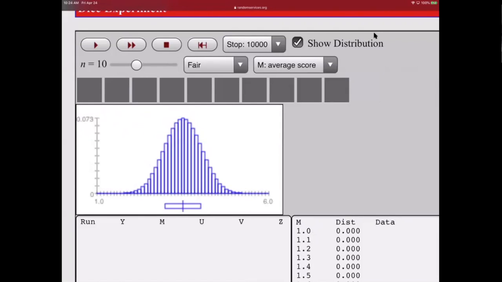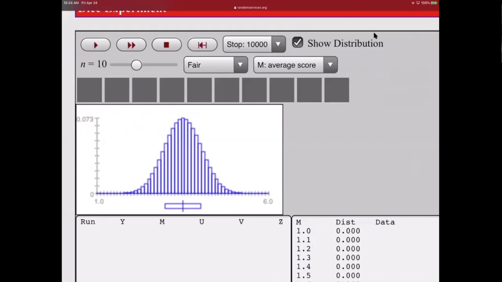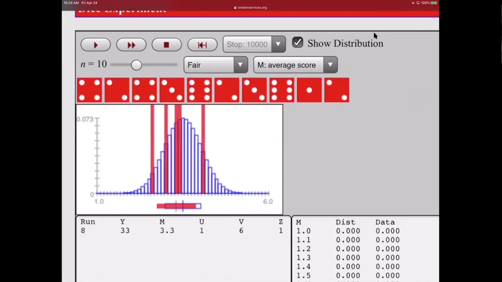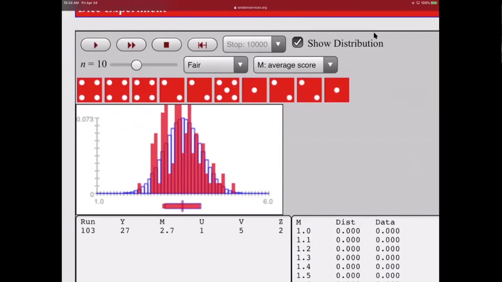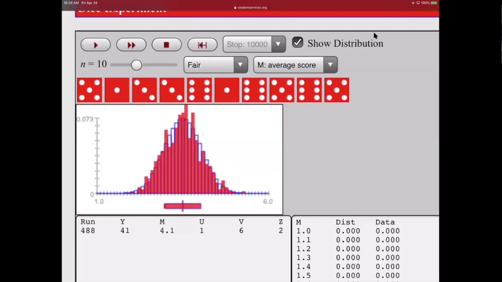These are theoretical distributions that I'm showing. But if you do this long run, here I'm rolling 10 dice, this distribution becomes more and more like that perfect bell shape. And this is really the importance of the normal distribution.